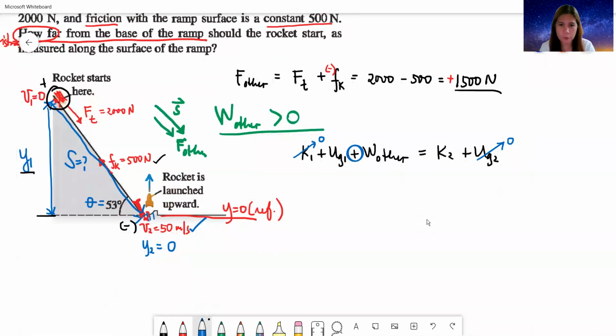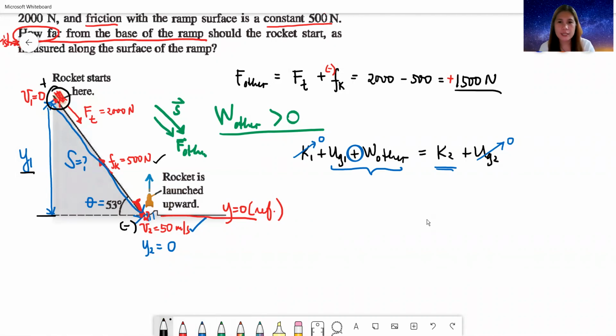So, UG plus the work by the engine will now give us a higher kinetic energy than if it just slid due to gravity and the engine did not work. With no additional work, the rocket would not be that fast when it arrives at the bottom of the ramp. So, that's the idea. Okay?